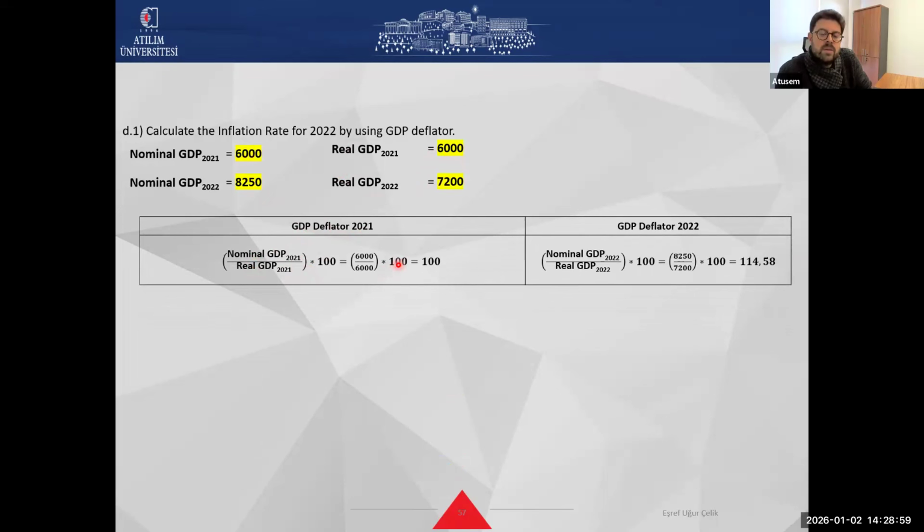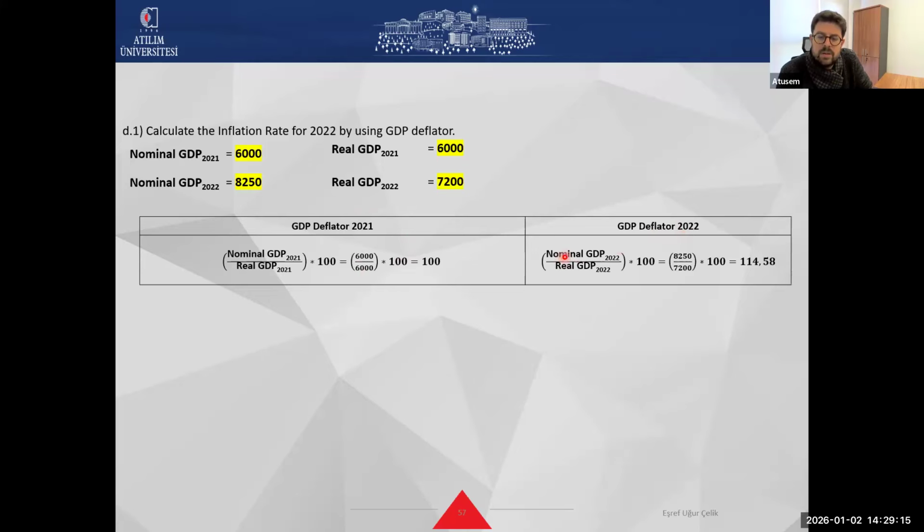That is equal to 100. And in the base year, 2021, the deflator always equals 100 because nominal equals real. What about 2022?